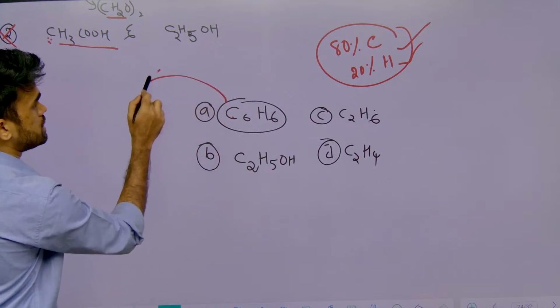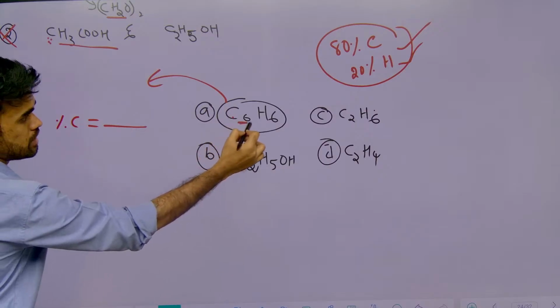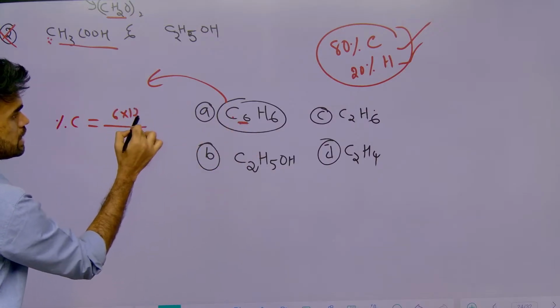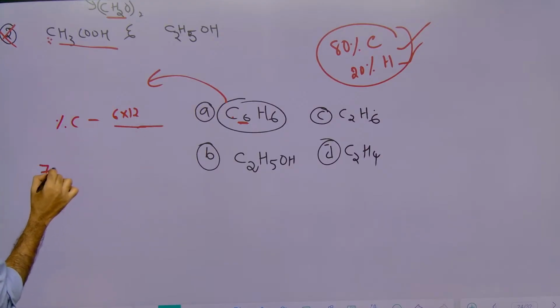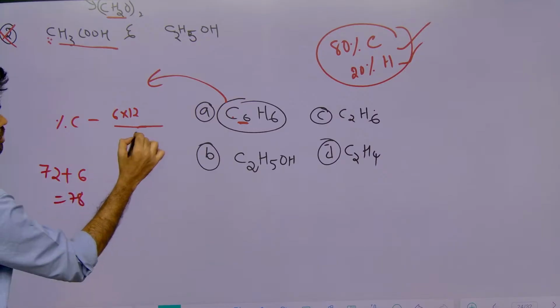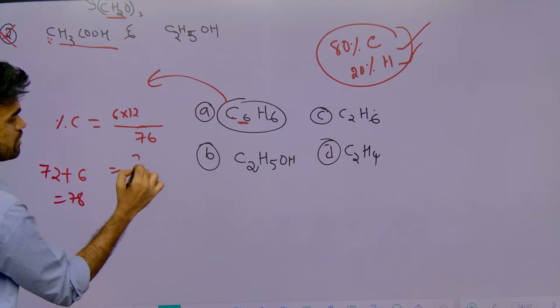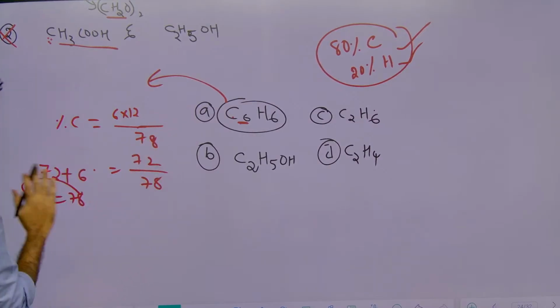So just check this. Percentage of carbon, if I want it, how many carbons are there? 6 into 12 I can write in the numerator. In the denominator, 6 into 12, that is 72, plus 6 hydrogens. So total 78. So it is something like 72 by 78, right?